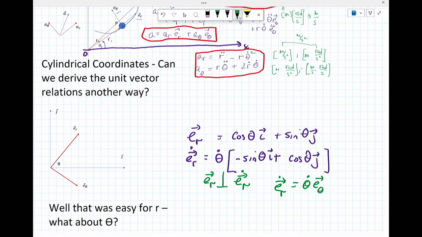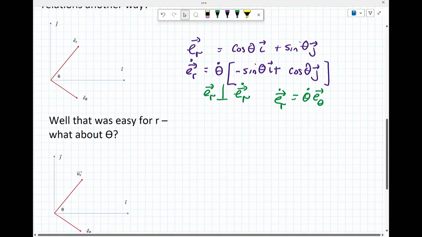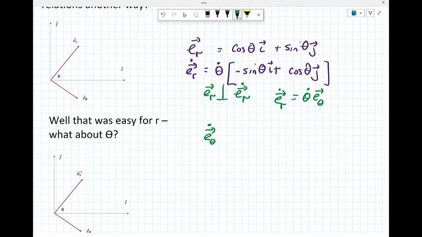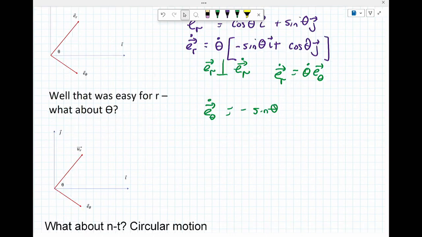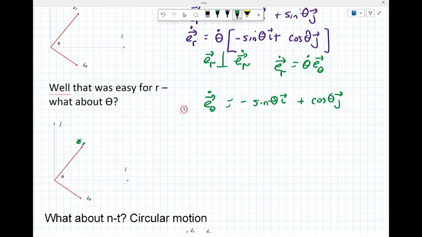Now, you could see up above somewhere that I also have an E theta dot. E theta is equal to minus sine of theta i plus cos of theta j.